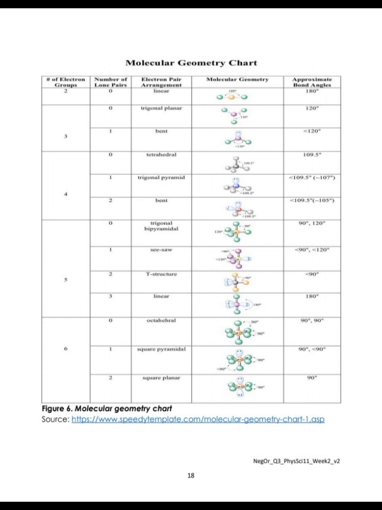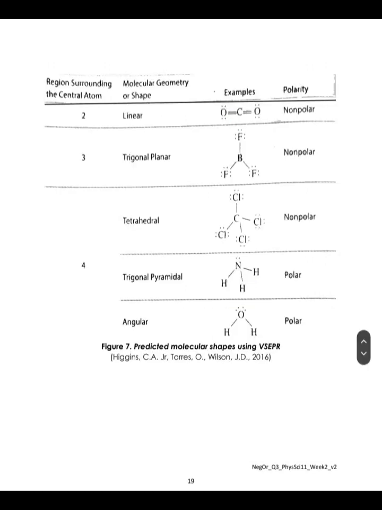So as we can see, electron pairs have different arrangements. For example, two electron groups form a linear arrangement. Make sure that you have a copy of this table because it is very important to know the molecular geometry of a molecule.